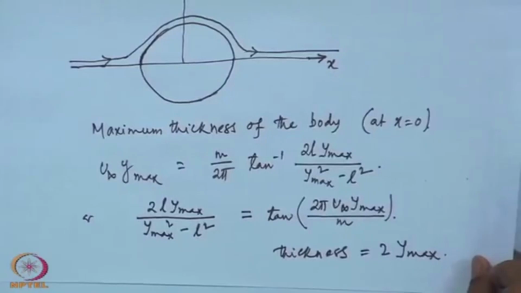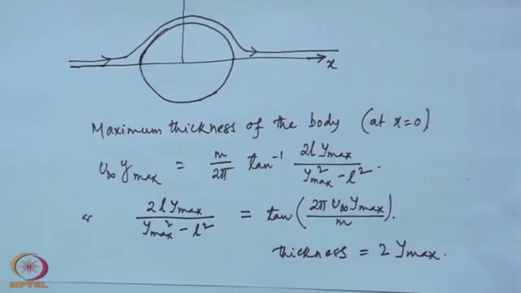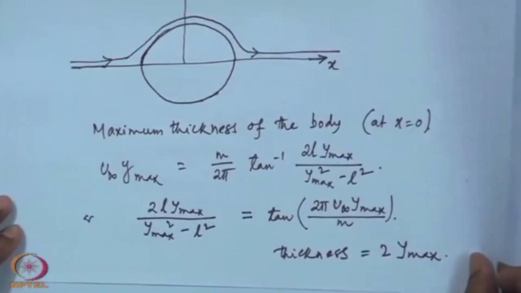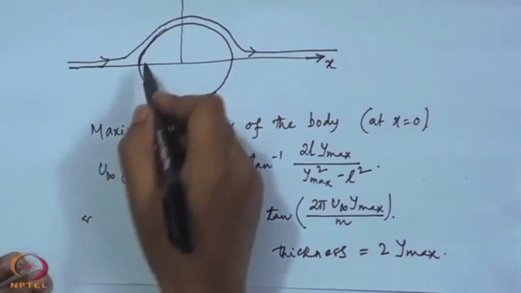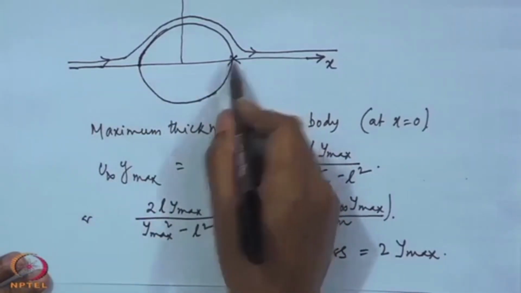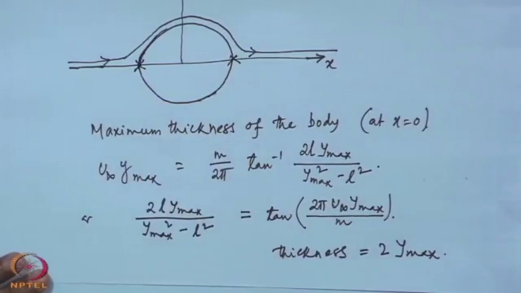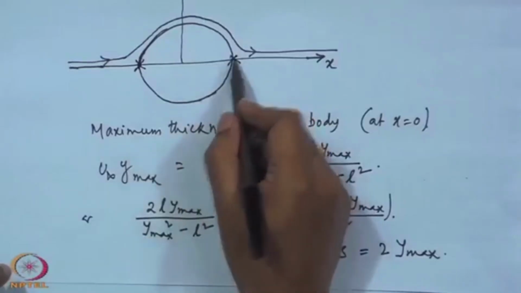Okay, find the stagnation points. It is very easy to say from here that the stagnation points will be here, here and here. These will be the two stagnation points. Of course, you can find the velocity, write the expression for velocity, and from there also you can find it, but sometime from the problem itself you can straight away say that okay, this will be what it is. So, that these will be the stagnation point, these and this. Okay.